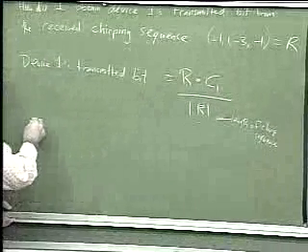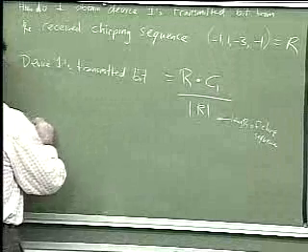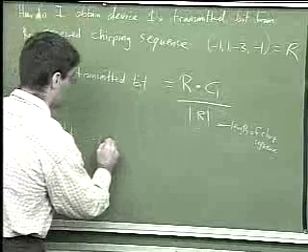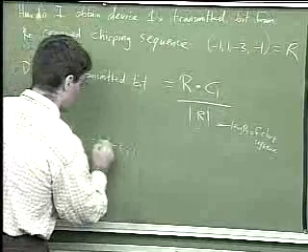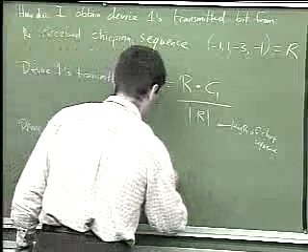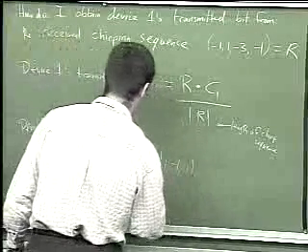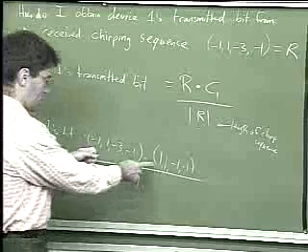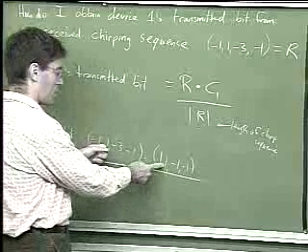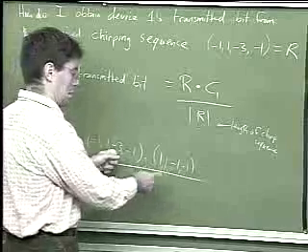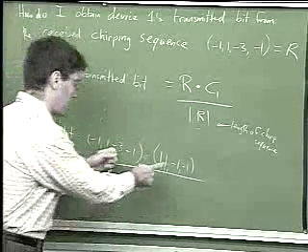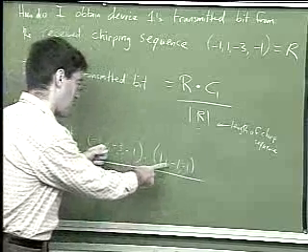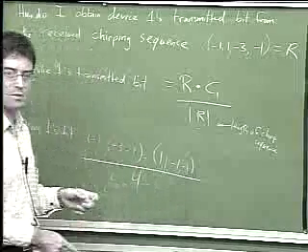Right. So for instance, device 1's bit I'm claiming is minus 1, 1, minus 3, minus 1, dotted with 1, 1, minus 1, minus 1, divided by 4, which is minus 1 plus 1, so I'm at 0, plus 3 plus 1. Sorry, minus 1 plus 1 plus 3 plus 1 comes out to 4.